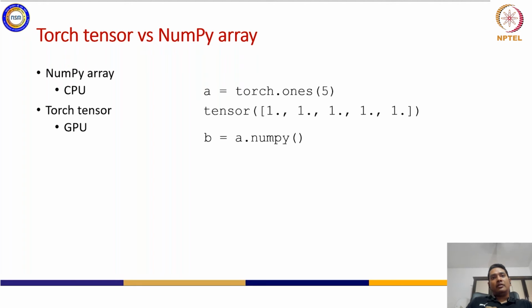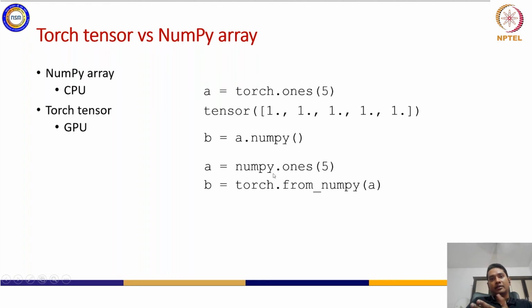So you can go between both realms, arrays and tensors, by using this simple conversion. If you want to go from tensor to array, a.numpy will convert your tensor into a NumPy array. And let's say I have one NumPy array, which is a set of ones, a equal to numpy.ones 5.